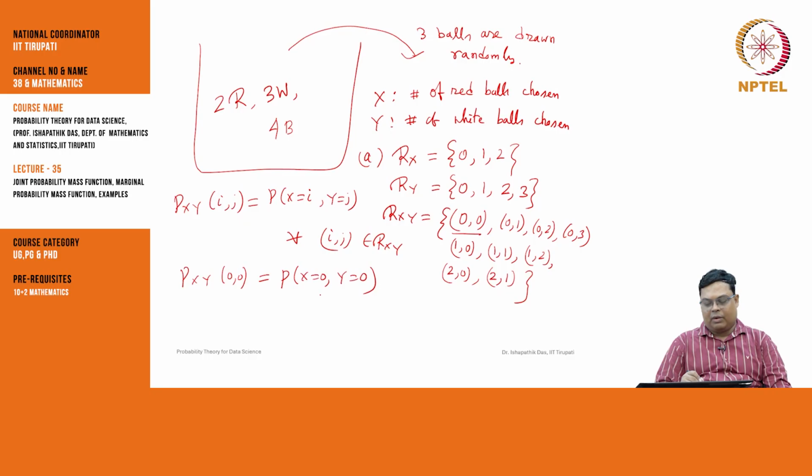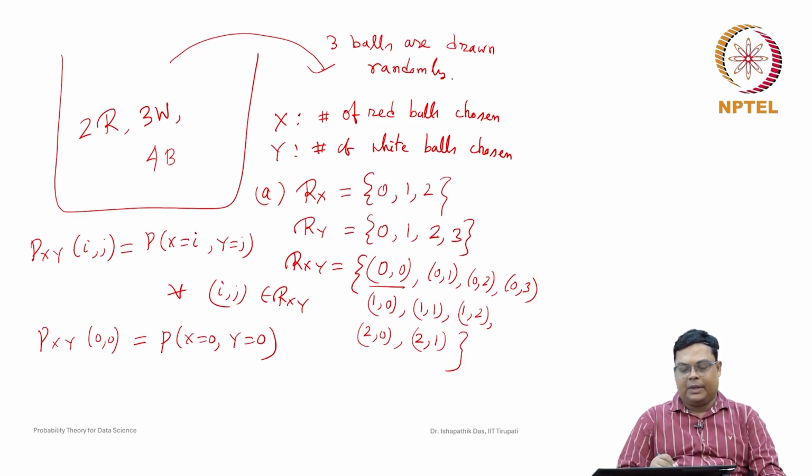If you want to find the probability that X equals 0 and Y equals 0, that means if you draw the 3 balls, the number of red balls is 0 and the number of white balls is also 0. How can we find the probability? Because it is equally likely, the total possible ways to draw is 9 balls, 3 balls chosen randomly, 9C3.